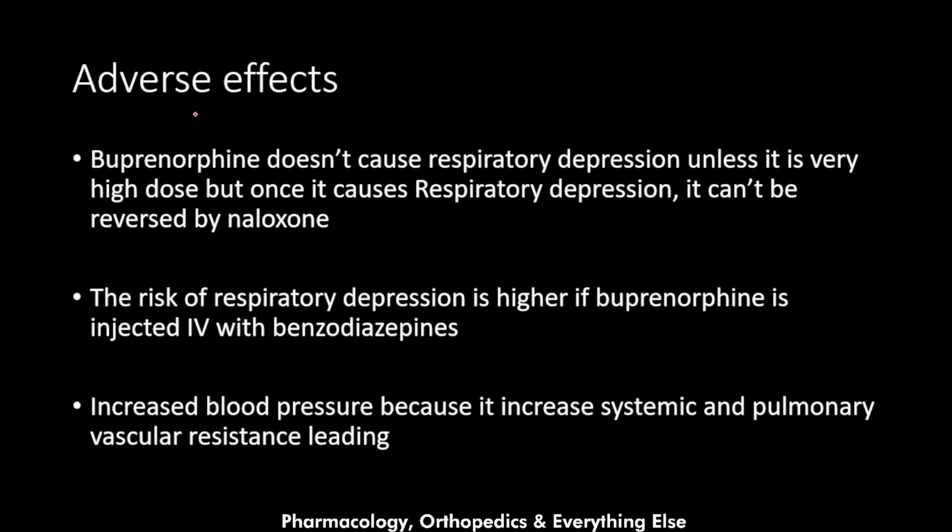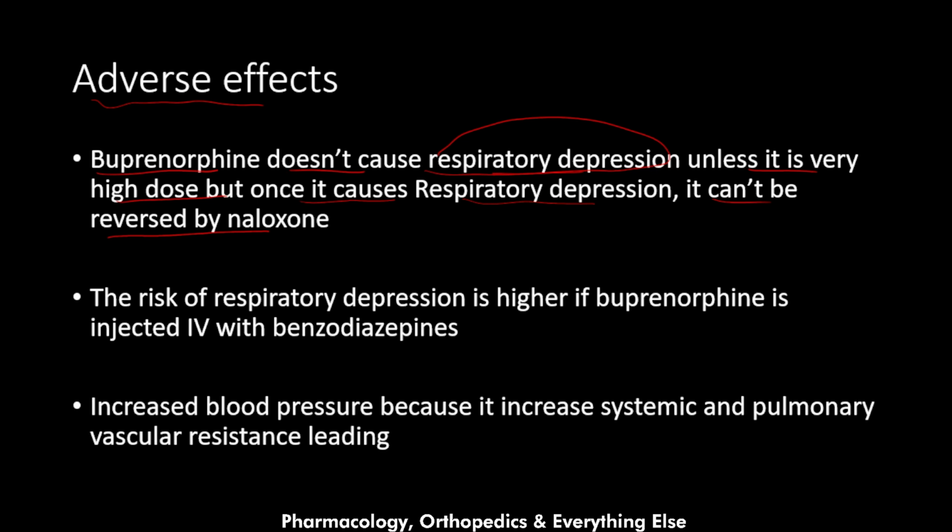Now let's talk about the adverse effects of buprenorphine. One of the adverse effects is respiratory depression, but buprenorphine doesn't cause respiratory depression unless it is a very high dose. But once it causes respiratory depression, it can't be reversed by naloxone because the buprenorphine is very potently bound to the opioid receptors, so it can't be displaced easily by naloxone.